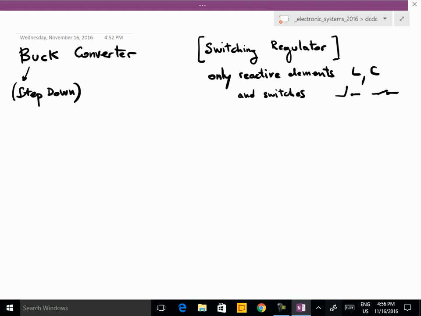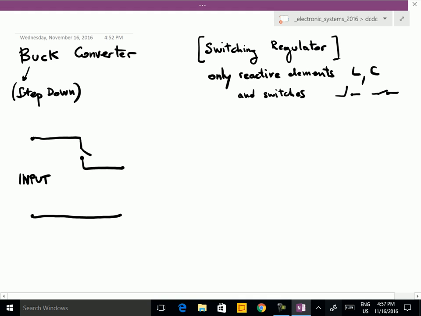Let's first look at the buck converter. Typically in the buck converter, what you do is the following thing. You use pulse width modulation in order to change the average value of the voltage. You do it like this. For example, here you have a switch, and then this is the load, so this is external, and this is the output.